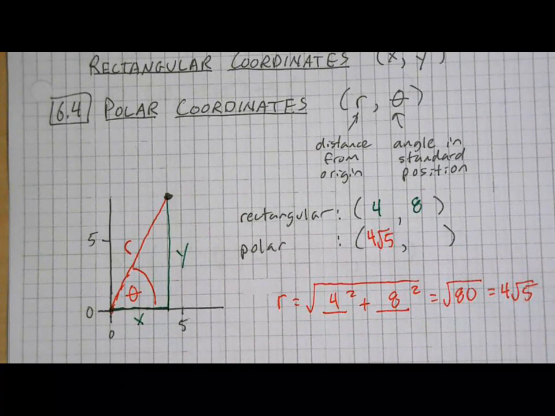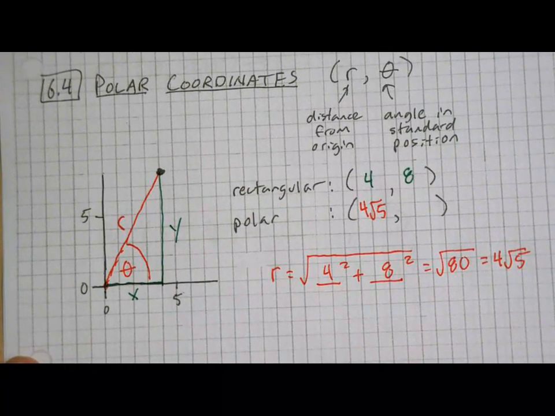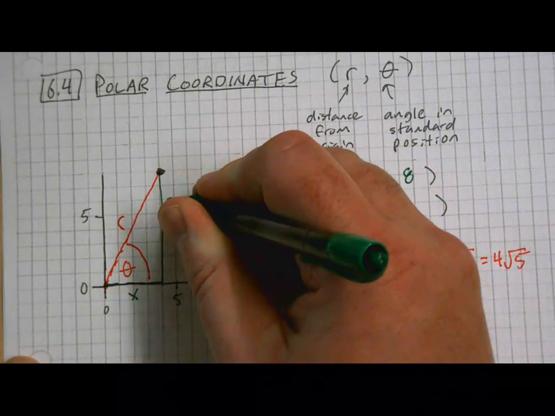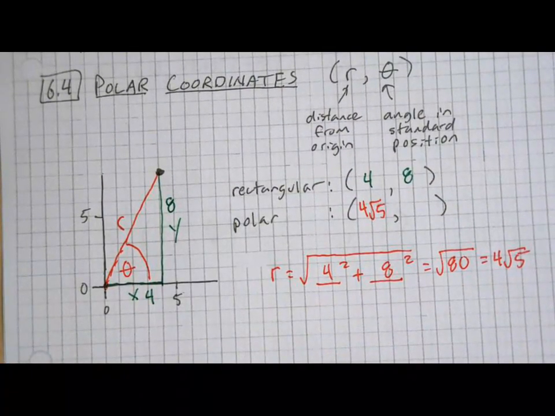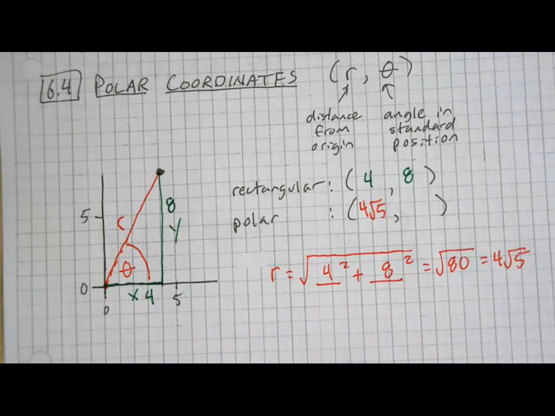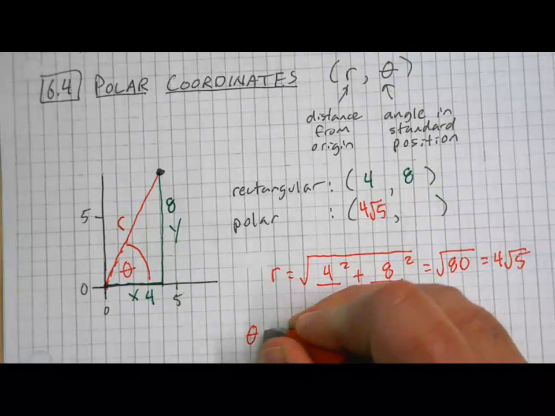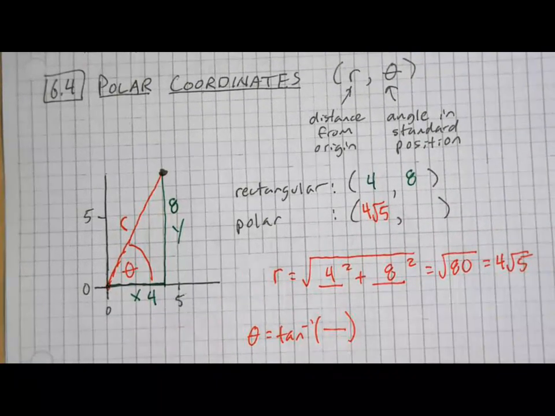How'd you do? Did you get a magnitude? Theta is just going to be the angle of that thing. We've done theta before too, right? I'm going to go ahead and put my coordinates on here. This is 8 and this is 4. And we're just going to use tangent. Tangent is opposite over adjacent. I'm going to actually use inverse tangent, so I can put my fraction straight into it.